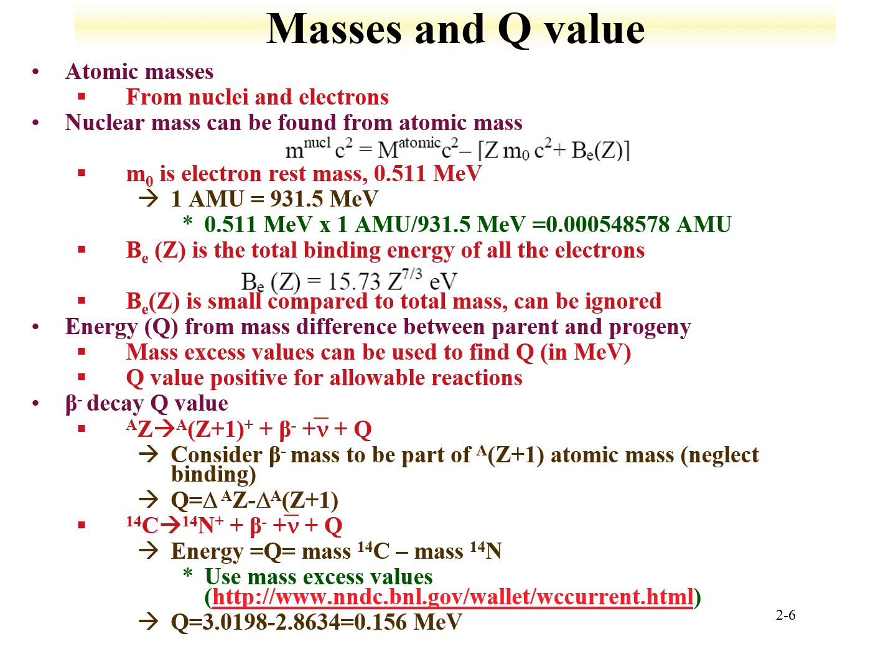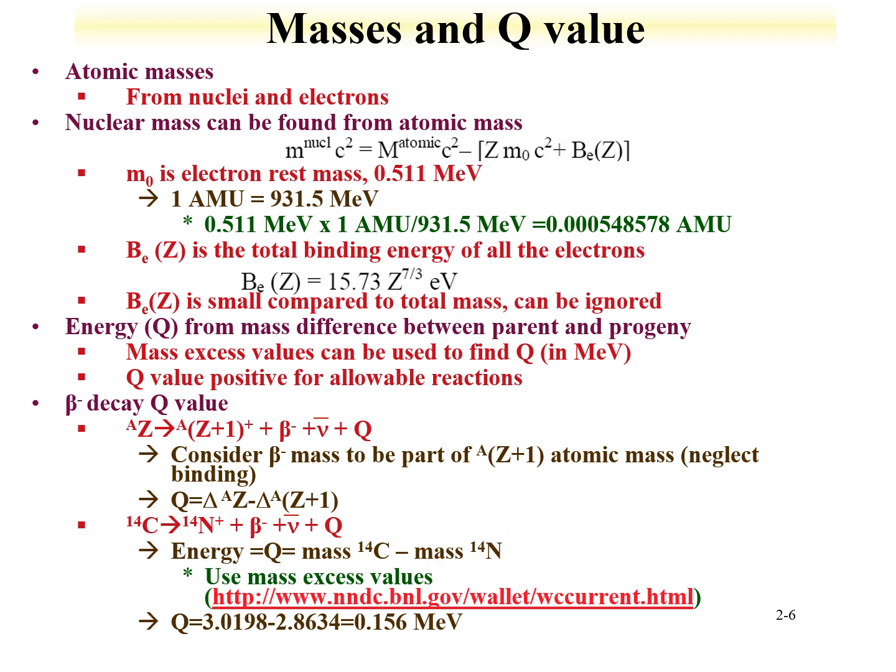An example of this: calculate the Q value for the beta decay of carbon-14. Carbon-14 decays to nitrogen-14, a beta particle, plus an antineutrino, plus Q. Rearrange the equation, solve for Q. So Q is equal to the carbon-14 mass excess minus the nitrogen-14 mass excess.